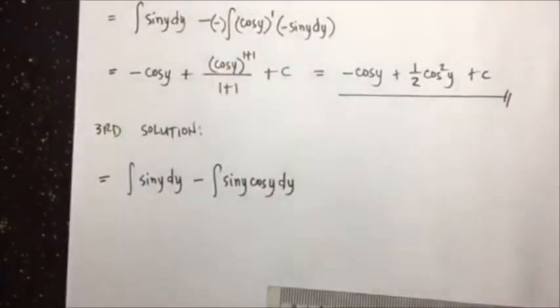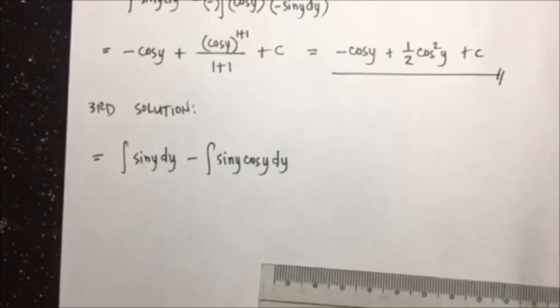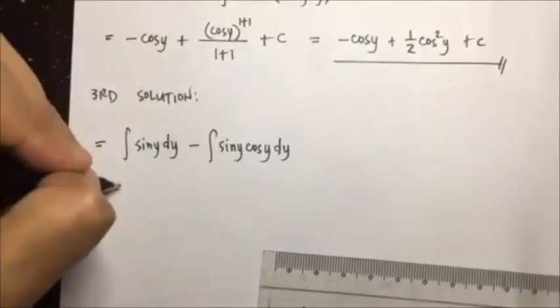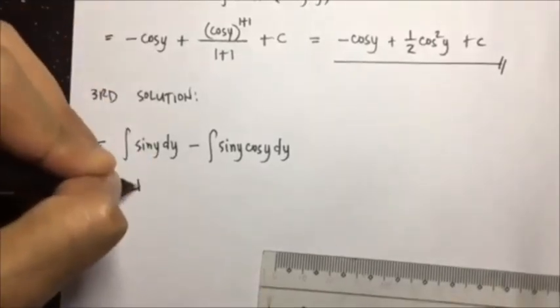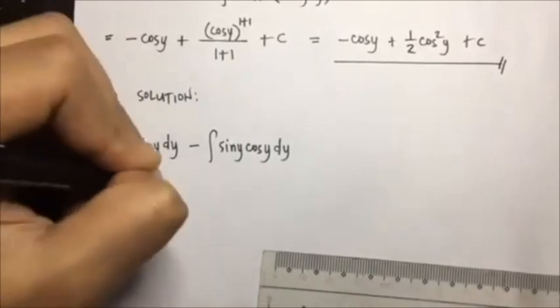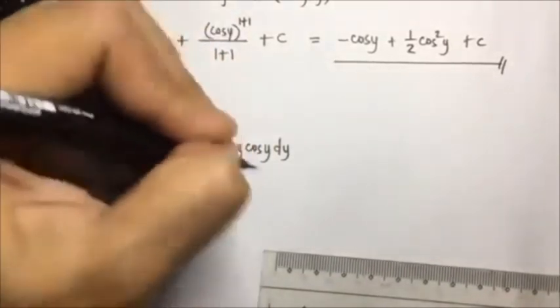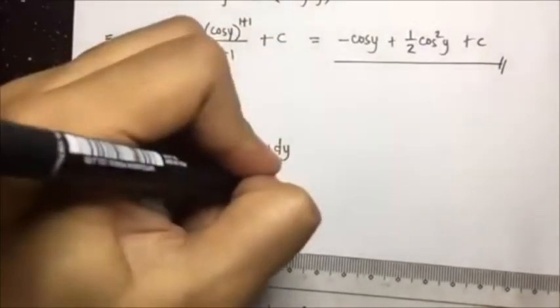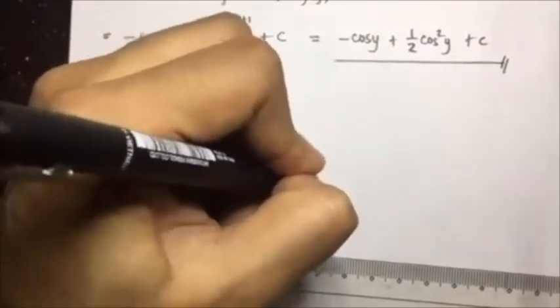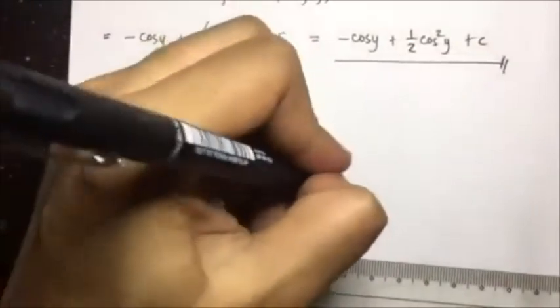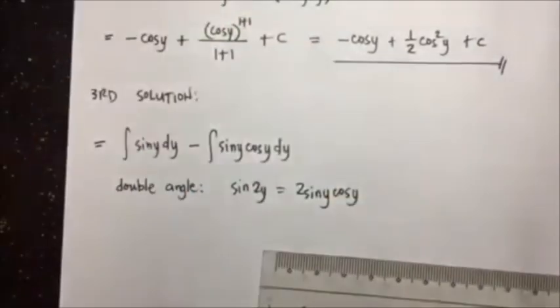Okay, so using the double angle identity for sine, we have sine 2y is equal to 2 sine y cosine of y.